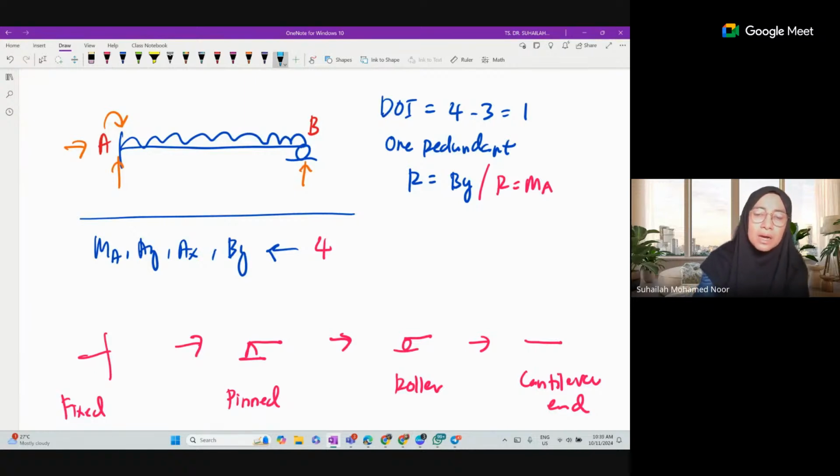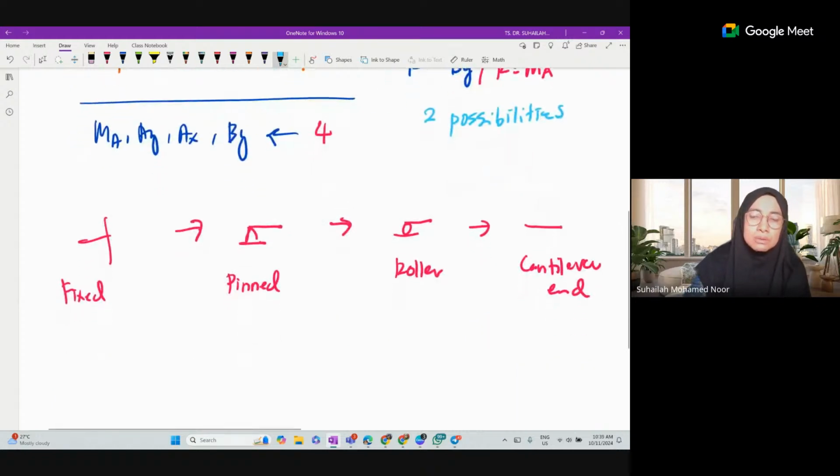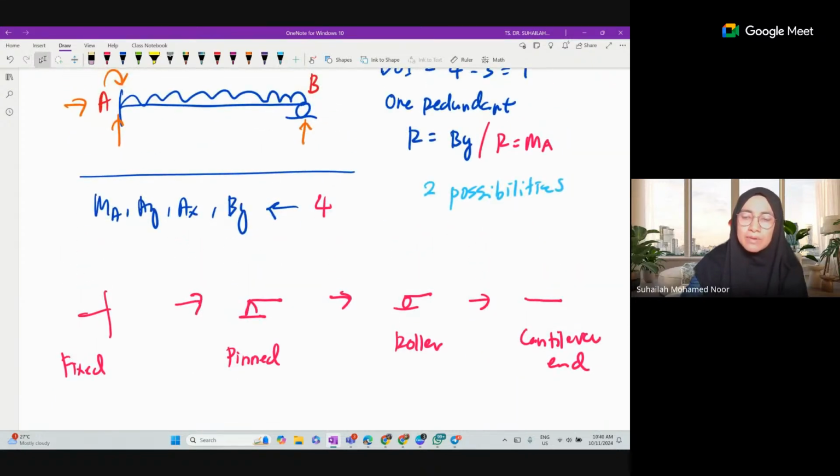That means there are two possibilities of redundant. This possibility can refer to the redundant and also the primary structure.